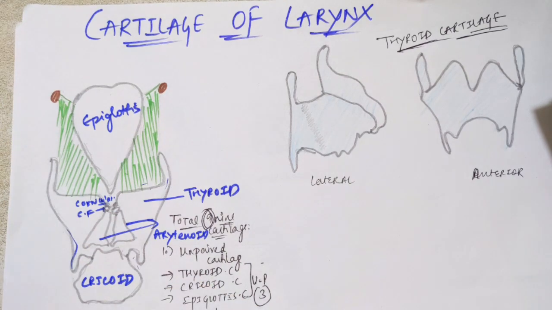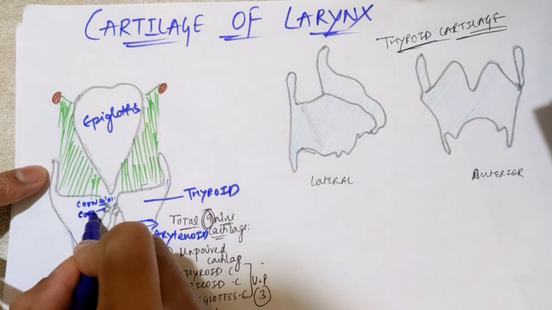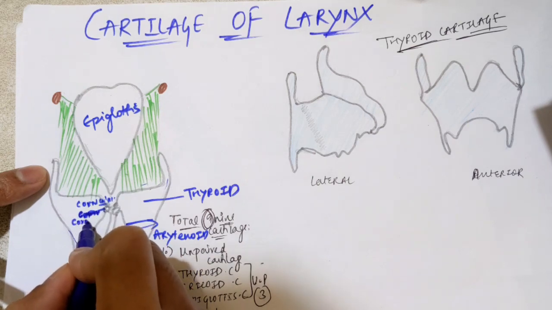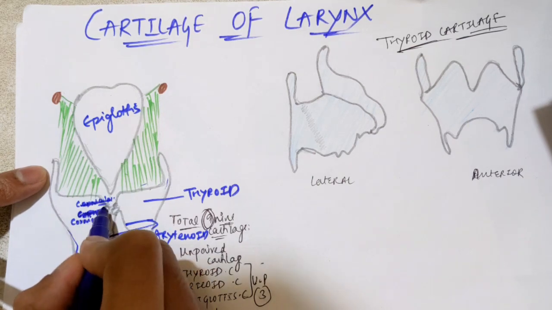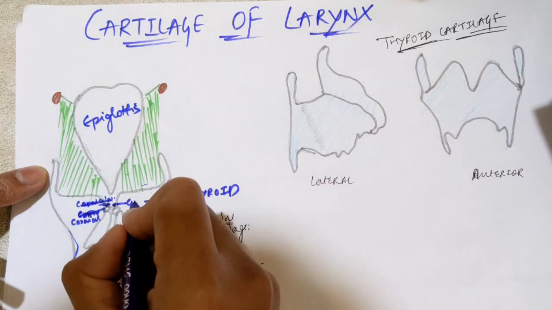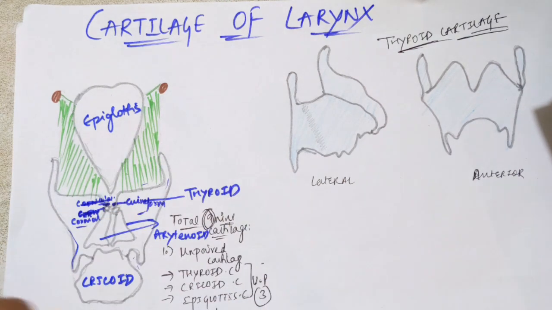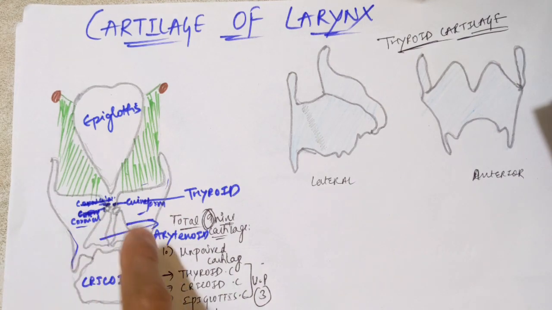Here you can see it is your corniculate. This one is your corniculate, and above that is your cuneiform. These 2 small ones you can see, this and this. This is your cuneiform. These are not so prominent, and there is not so much detail to study about these 2 cartilages, corniculate and cuneiform.